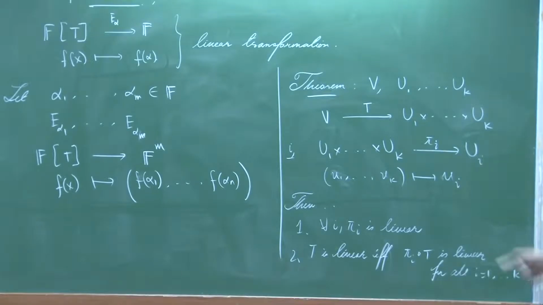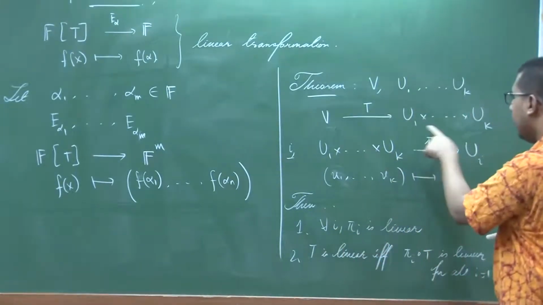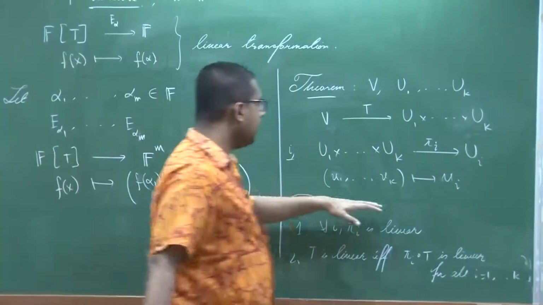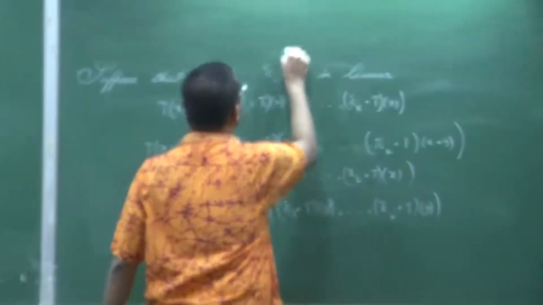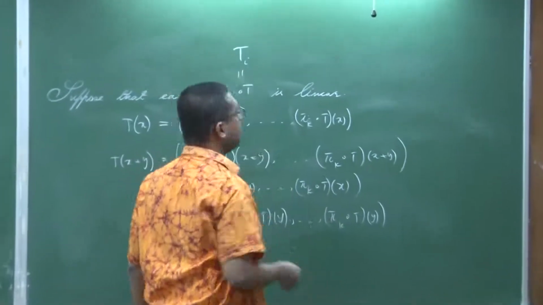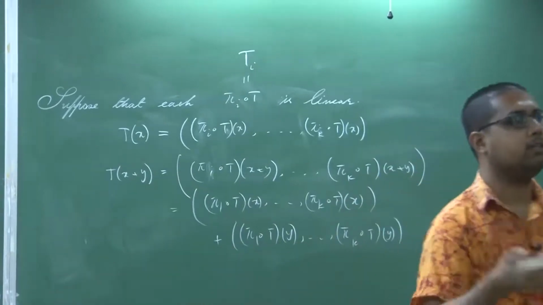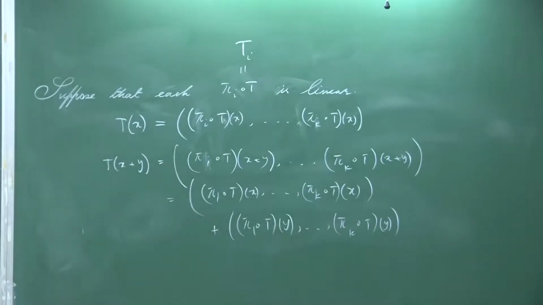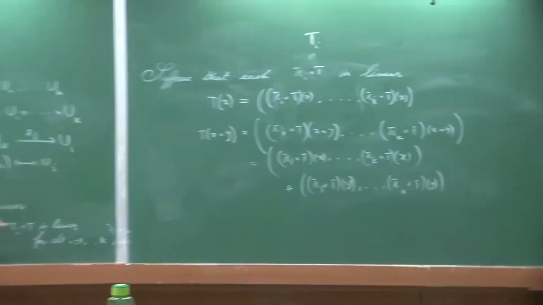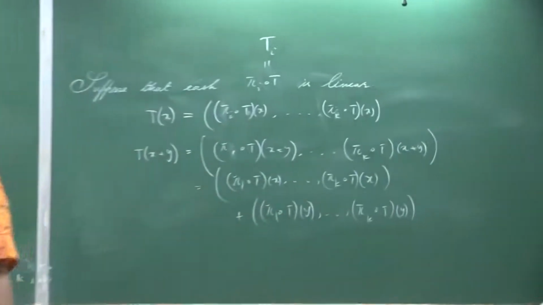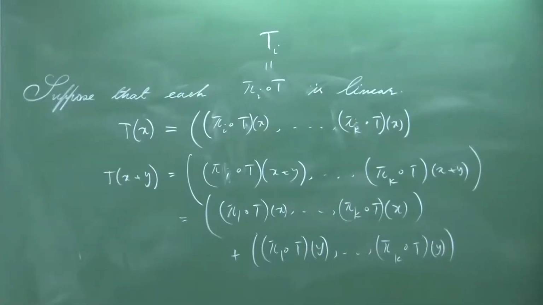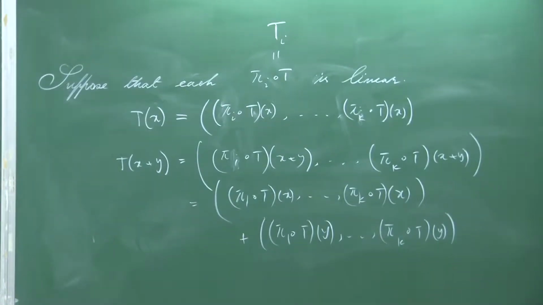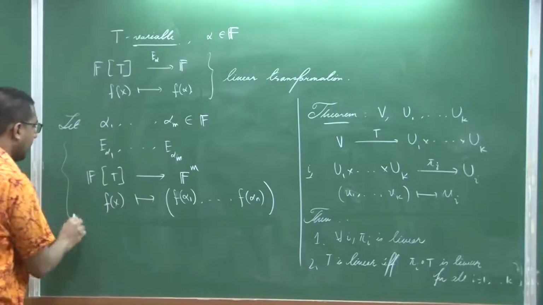We call these pi i's the coordinate projections, and pi i compose T, if we denote this by T i, we will say that these are the components or coordinates of T in this context. So, what it says is that if all the coordinates are linear maps, then T is also linear, right.